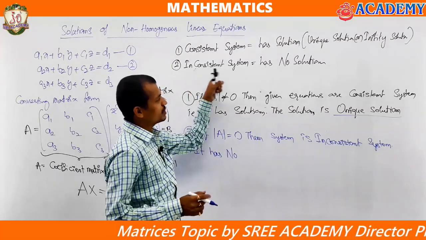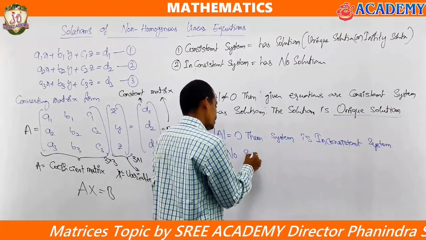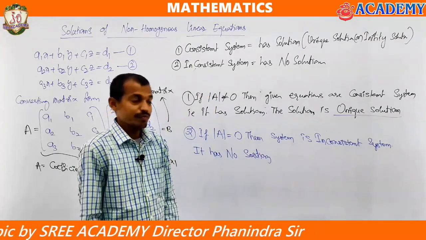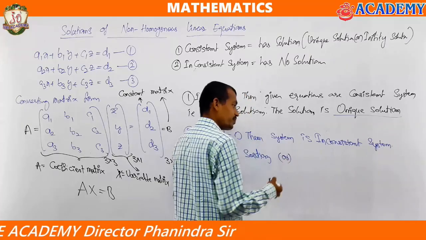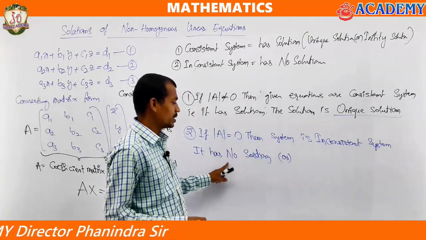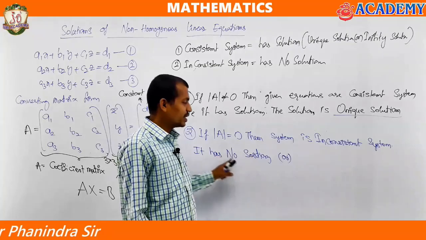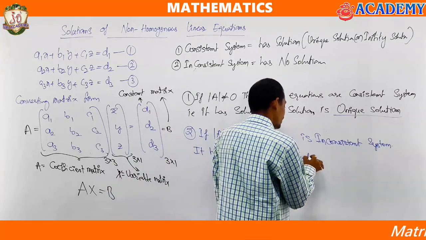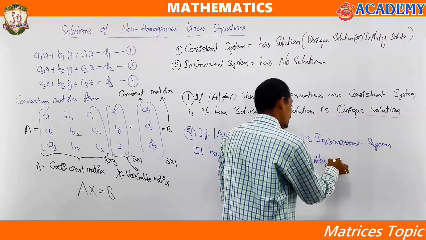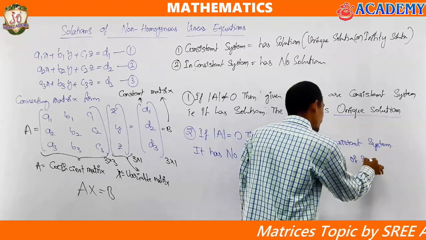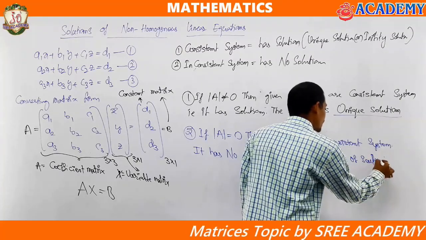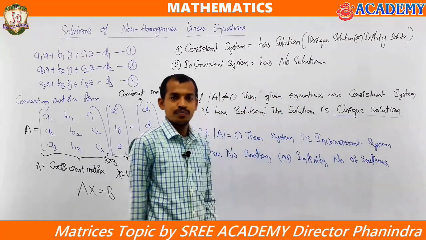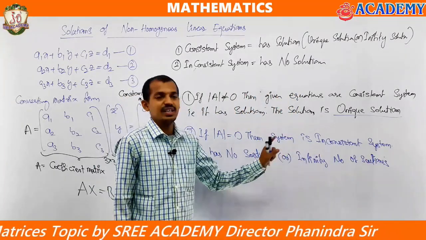Indirectly, inconsistent means no solution. But we can say one more also. If determinant equal to 0, more possibility you won't get the solution, and also you can get an infinity number of solutions. You may get no solution or an infinity number of solutions.